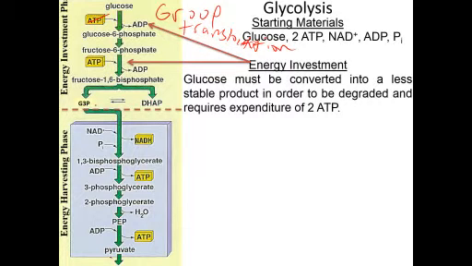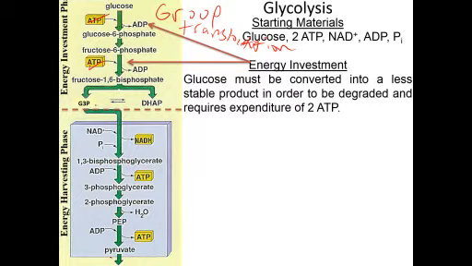Now that glucose 6-phosphate, as we talked about with isomerization, is converted into fructose 6-phosphate. And then you have another ATP molecule where you have phosphorylation.